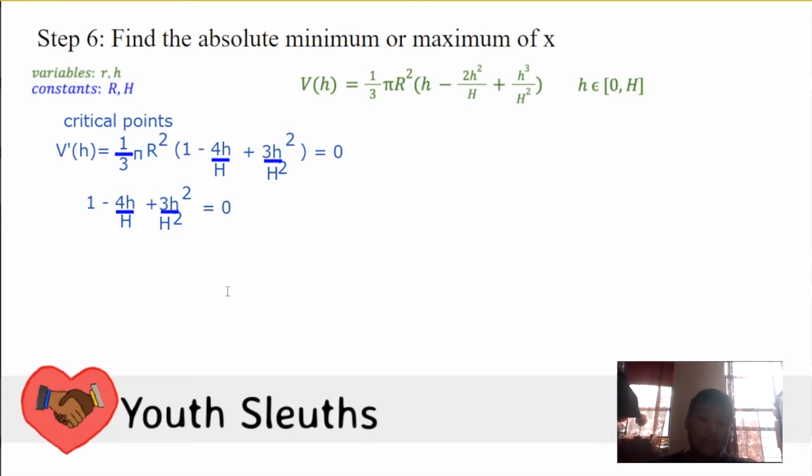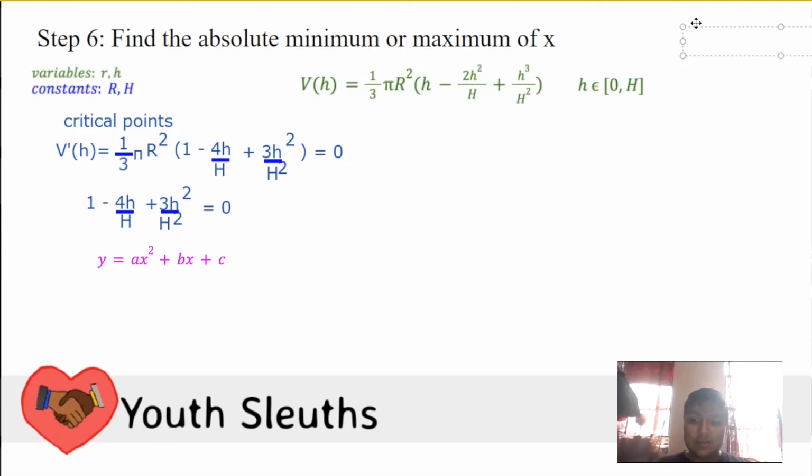So now that we're at that point, in order to simplify further, we must notice that this equation is the same format as the standard form equation for a parabola. So what we have to use is the quadratic formula to find what little h is equal to. In order to first start with the quadratic formula, we must first remember that we need a, b, and c. They're written at the top corner.